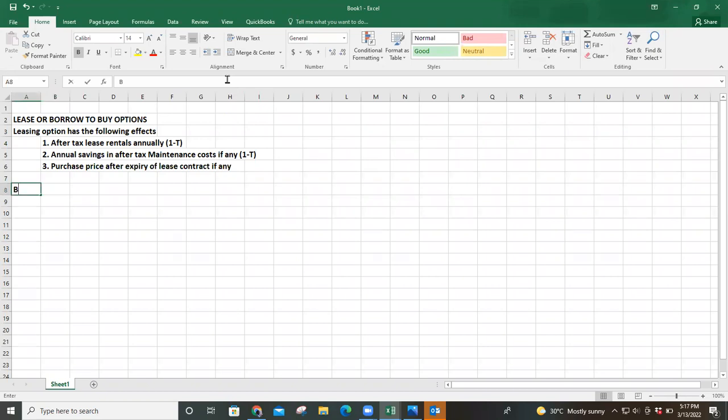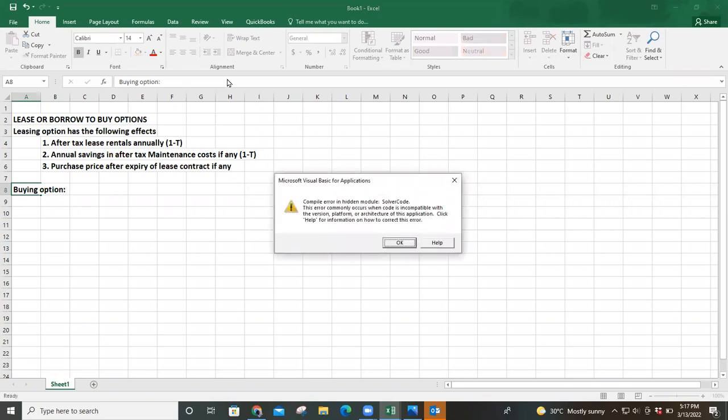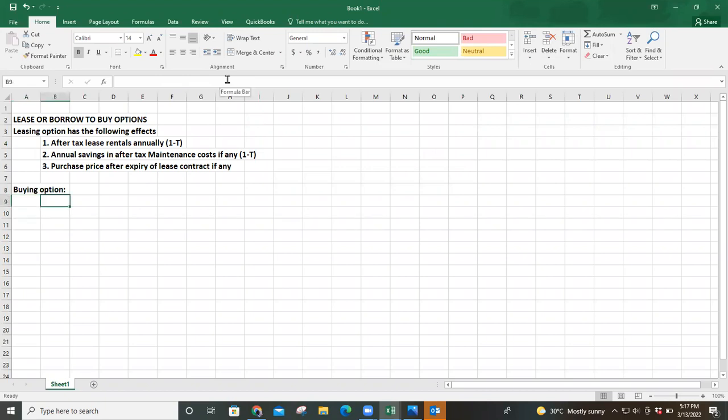With the buying option, number one, we have the initial outlay. Number two, we have annual after tax maintenance costs.